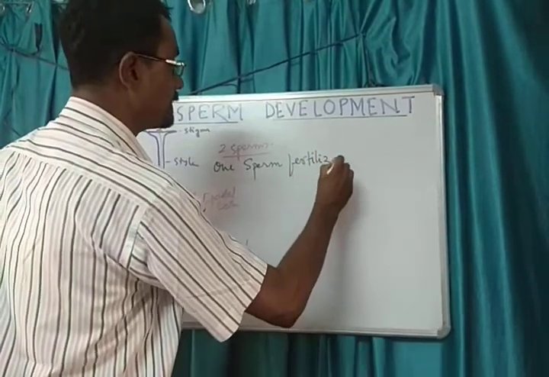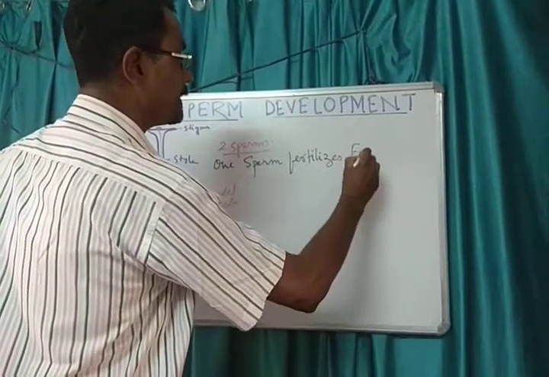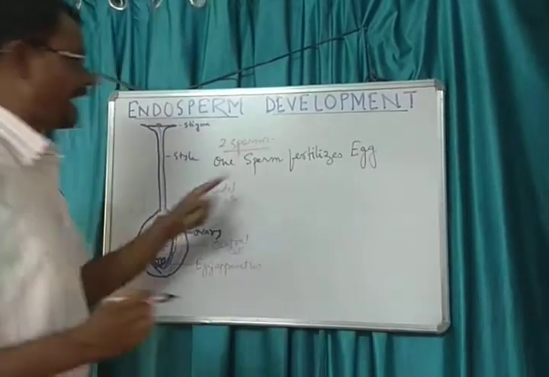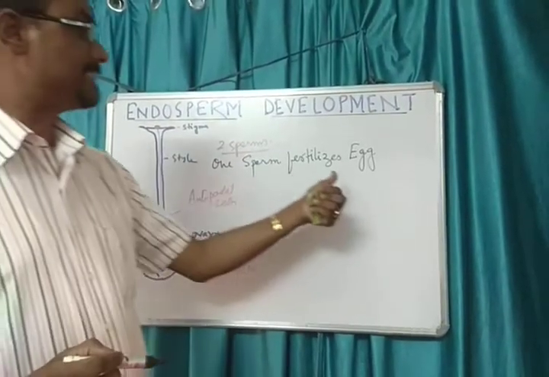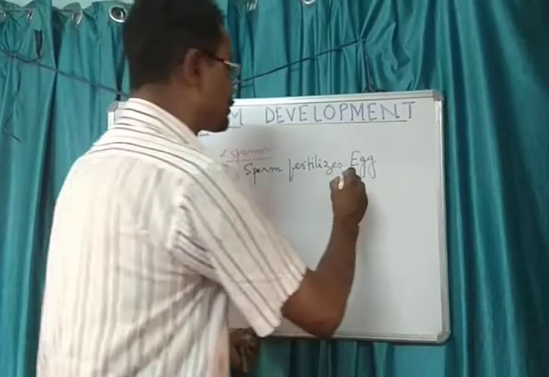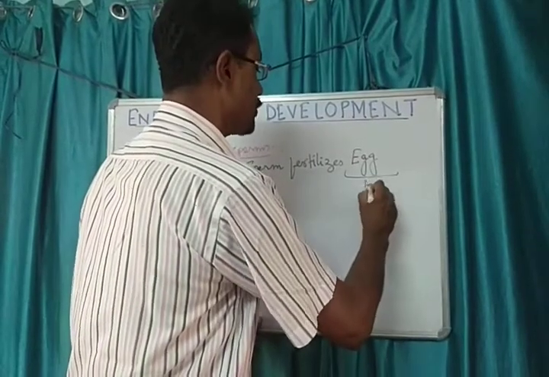Now, one sperm fertilizes the egg. Okay? One sperm fertilizes what? Egg. And it leads to the formation of embryo.